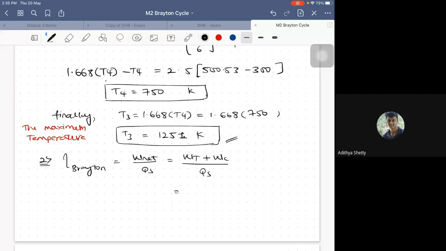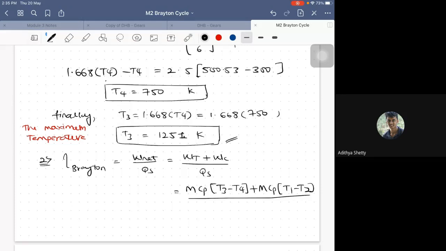How will you calculate WT? It is MCP into, come on, WT. T3 minus T4, sir. Plus MCP into WC, which is 1 to 2, for T1 minus T2. Work is initial minus final. QS is from 2 to 3.